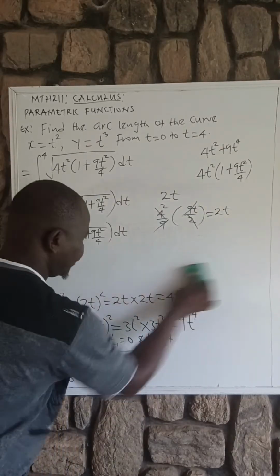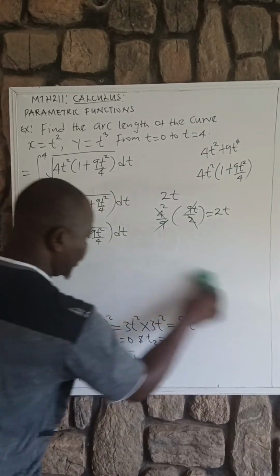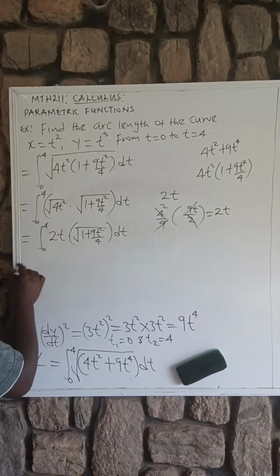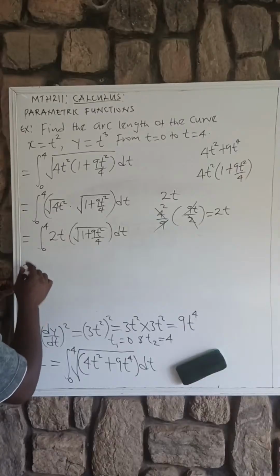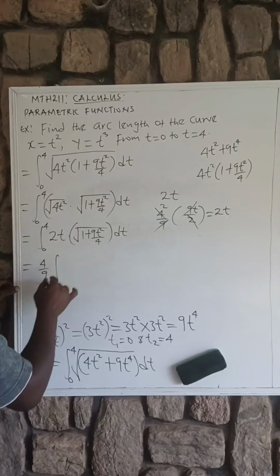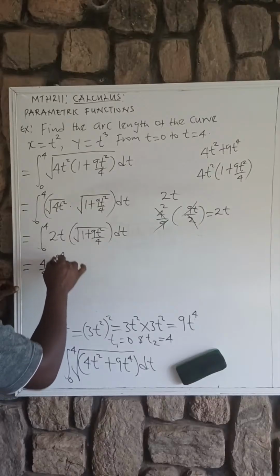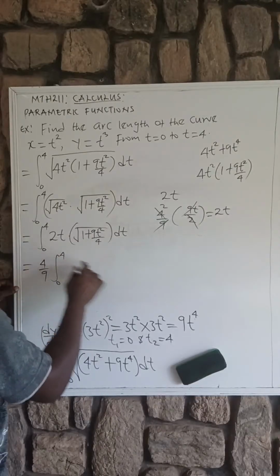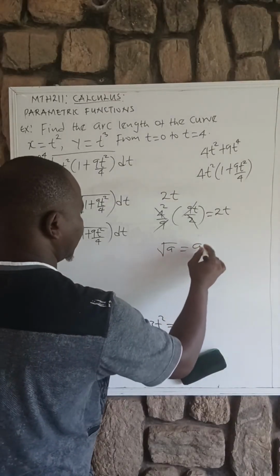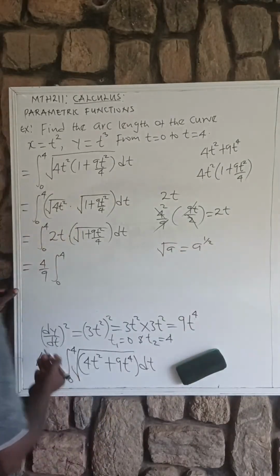If you can see what I am saying, this is the same thing as, I'm trying to simplify this, factor it out: 4 all over 9, integral 0 to 4. Then you know when we have something of the form square root of a, this is the same thing as a raised to the power of 1 all over 2. True or false?